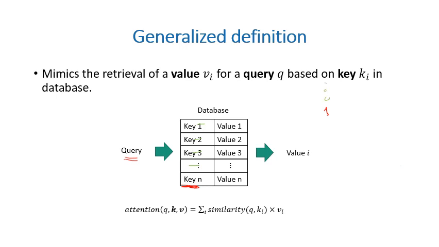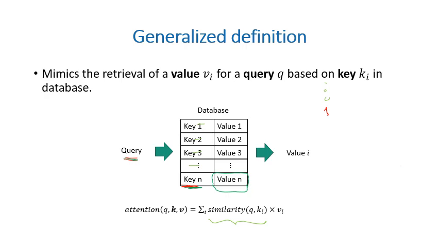If you have such a similarity function, then if you multiply the similarity between Q and all of the K_i's by the value V_i, then it returns this particular value, right? Because the similarity between this particular key and this query is 1, and everything else is 0.